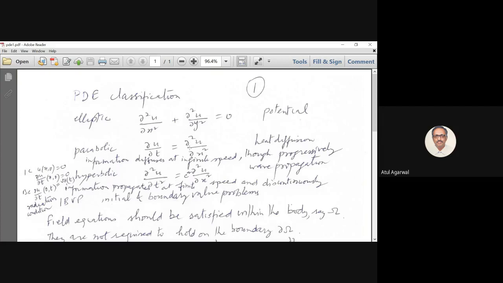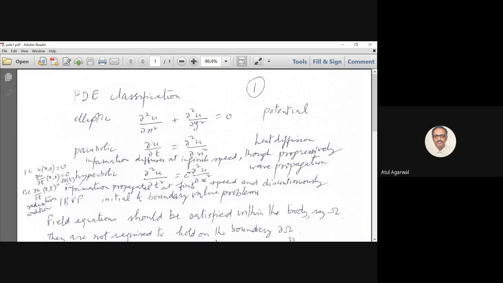Either you should have displacement, okay, so we will see again how to give the boundary condition.